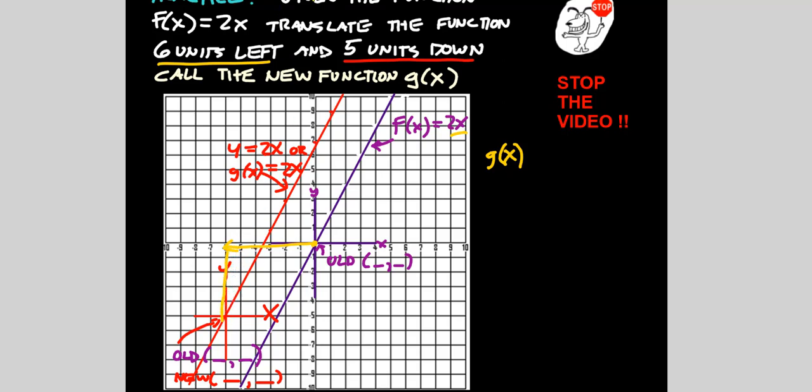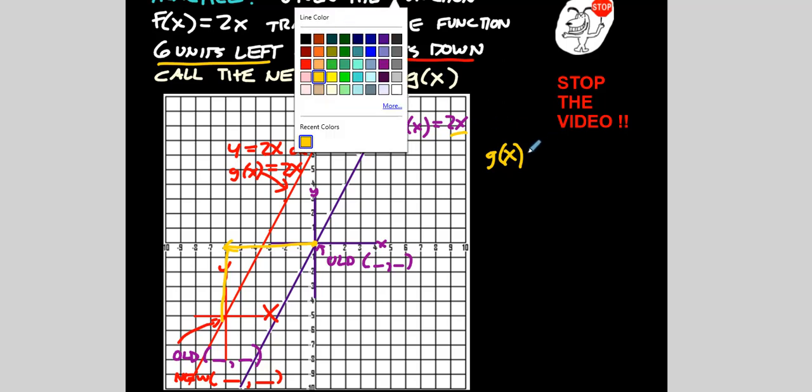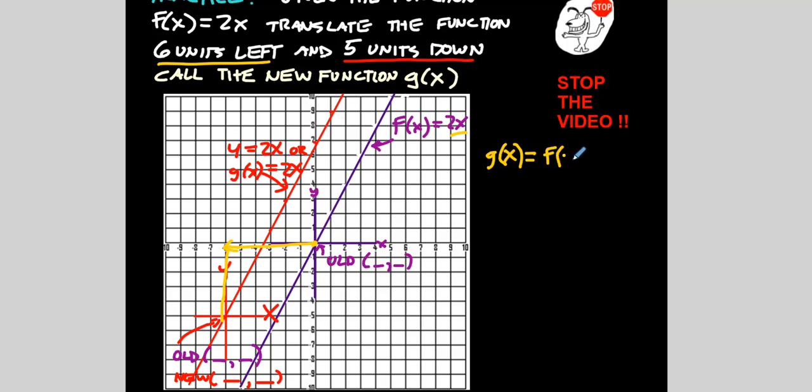I could write this in terms of f as f(x + 6) - 5, because I'm going 6 left, so it's x plus 6, as I've discussed in many previous problems, and then I'm going down 5. So this is one way to write the function.